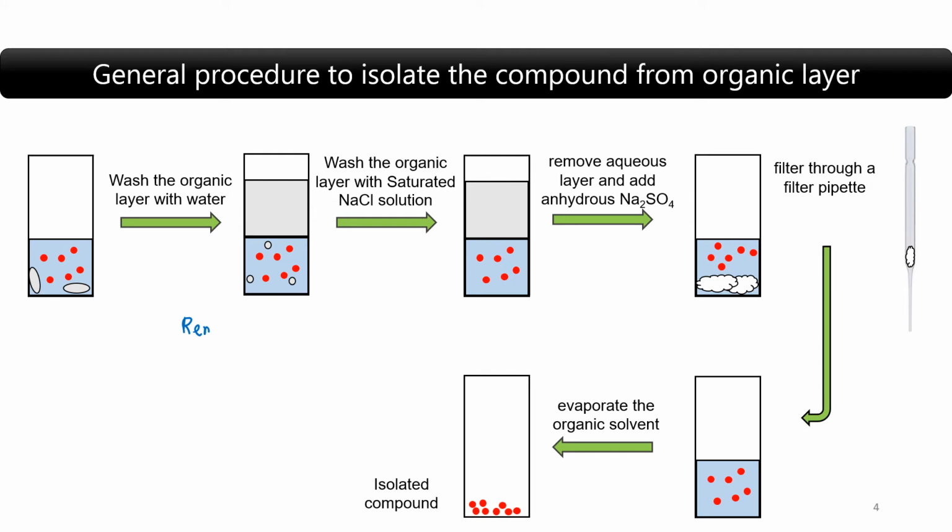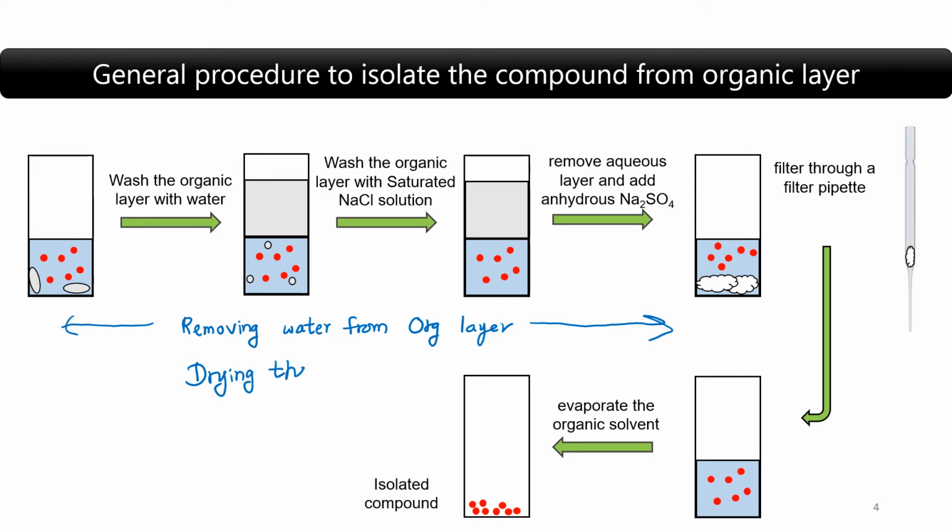So all of these steps were basically for that purpose, and we also call this drying the organic layer. Drying in the sense that we're drying it of water, removing water.